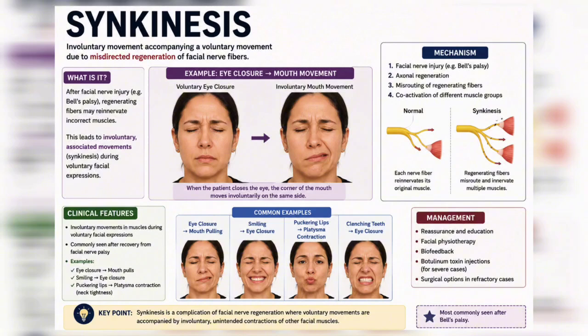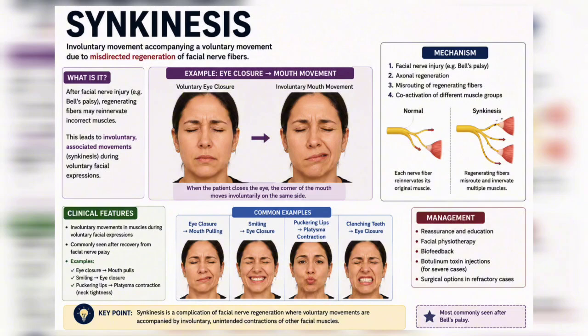The third one is your synkinesis. I would easily say, if your facial nerve is damaged and it regenerates into an abnormal position, you contract one muscle but the other one is also involuntarily controlled, like the two muscles are working in coordination.